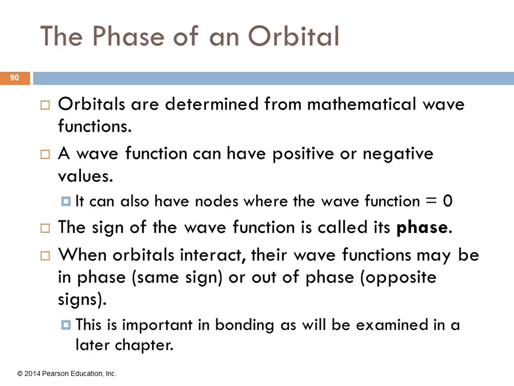And when these orbitals interact, because they are wave functions, they can have constructive or destructive interference. If they are in phase, if they have the same sign, they will become larger, and if they are out of phase, opposite in sign, they will become smaller. And we're going to look more at this in a later chapter.